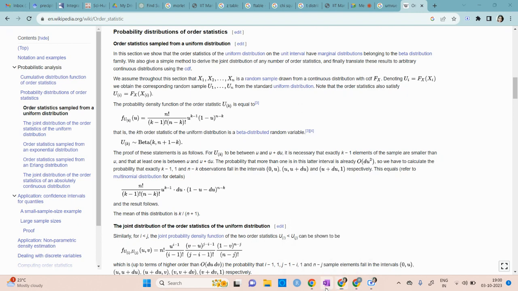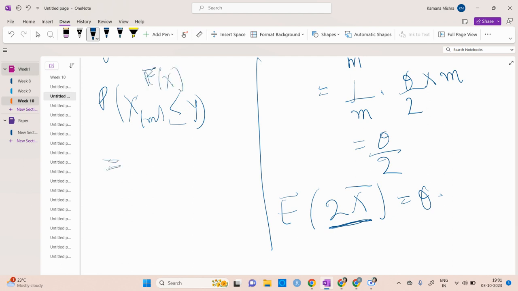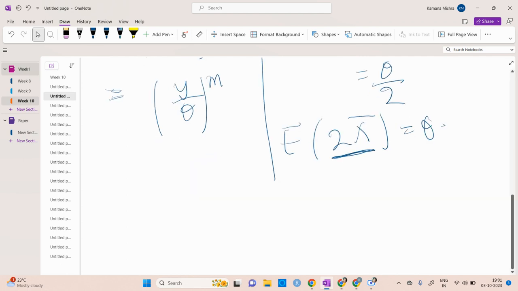Here we have u0 comma theta, so divided by theta to the power m will also come. So this is equal to y. This is capital Fx, right? Capital Fxm will be what? Everything is less than y, so it will be y upon theta to the power m, right?